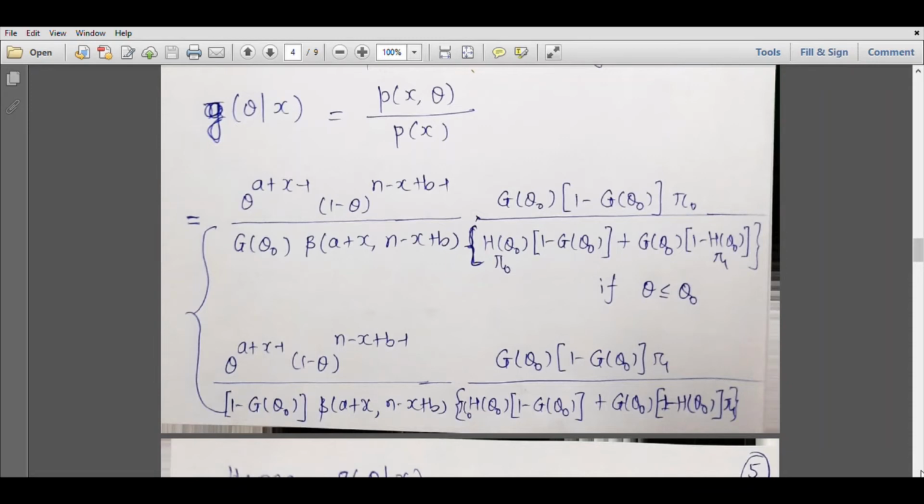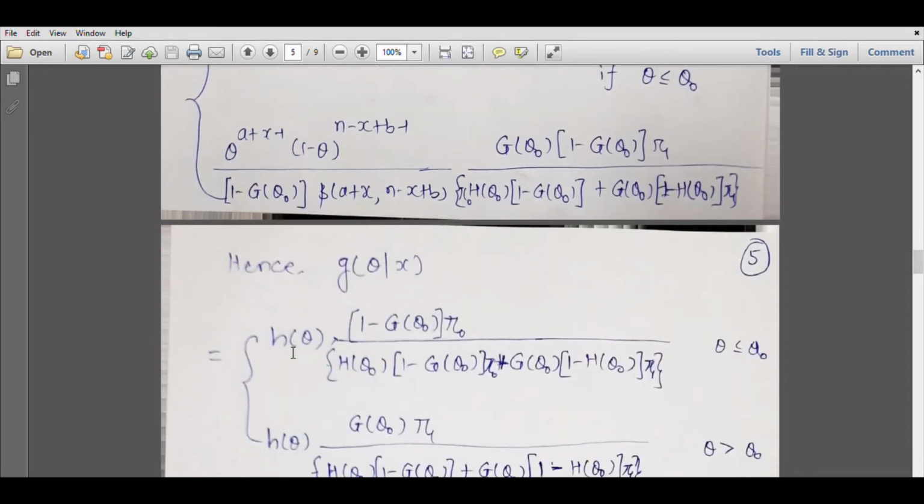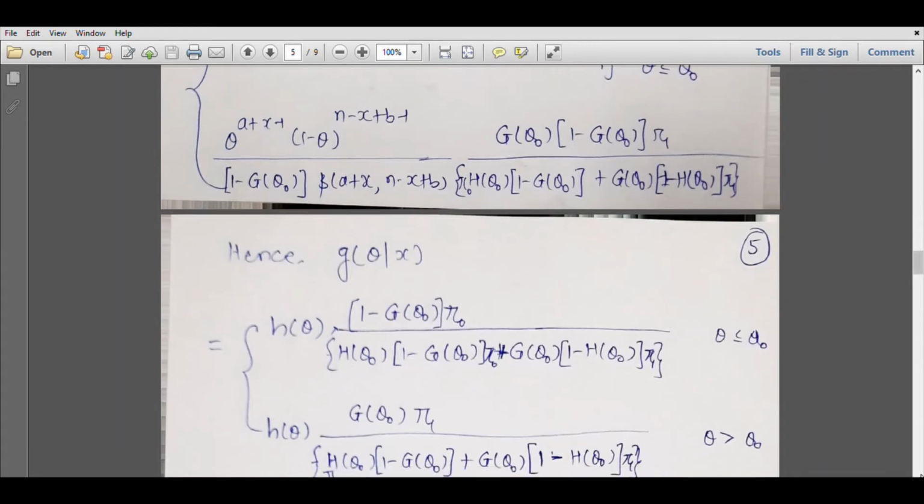So g theta given x can be written as h theta times 1 minus g theta naught into pi naught upon h theta naught into 1 minus g theta naught into pi naught plus g theta naught into 1 minus h theta naught into pi 1. This will be the expression if theta is less than or equal to theta naught, and this will be the expression if theta is greater than theta naught.